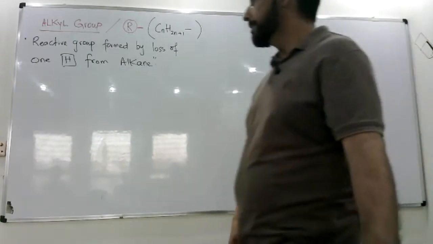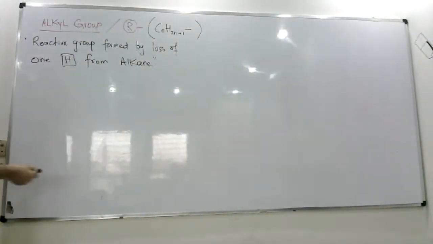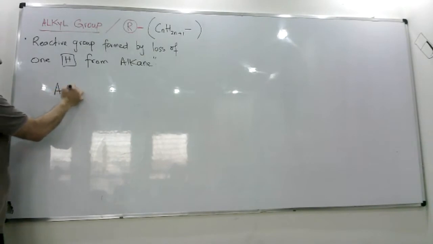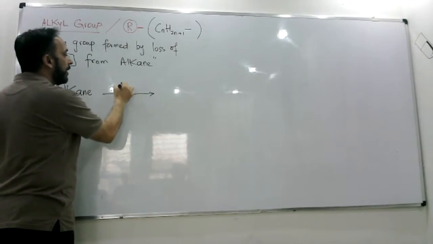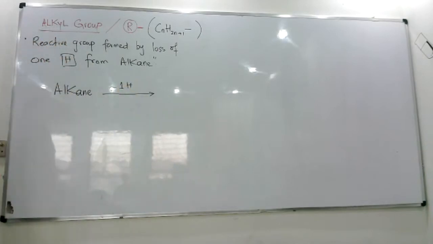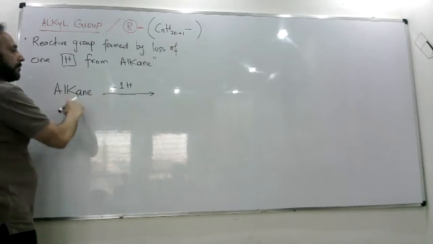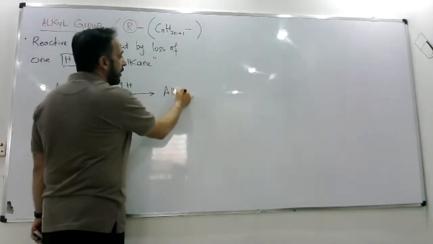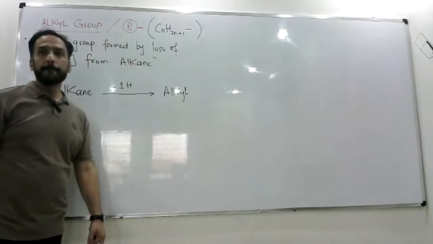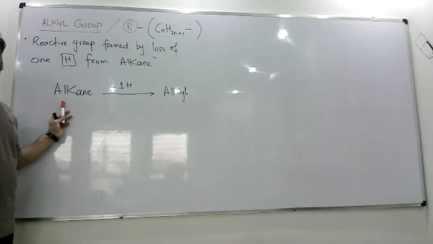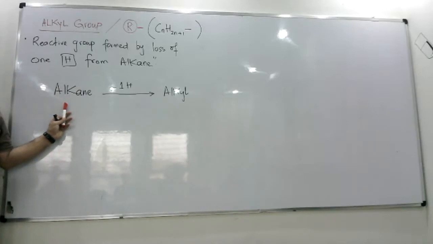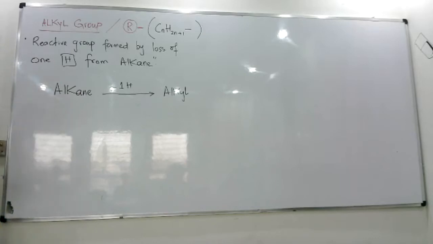Okay, now what is this thing exactly? Let me give you an idea. Let's say I have an alkane and I remove one hydrogen from it. Taking away one hydrogen from an alkane makes it alkyl. Now what is the general formula of alkane? CnH2n+2.